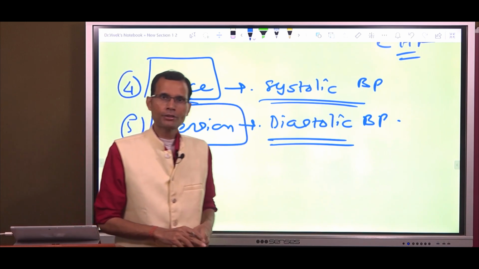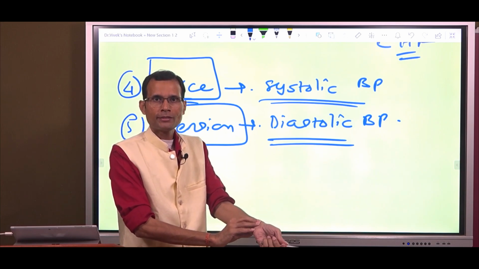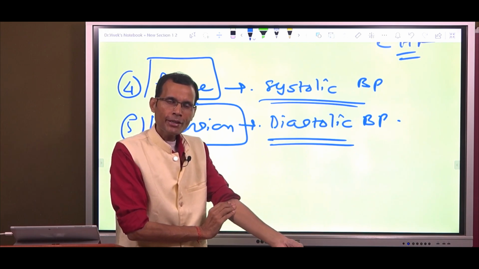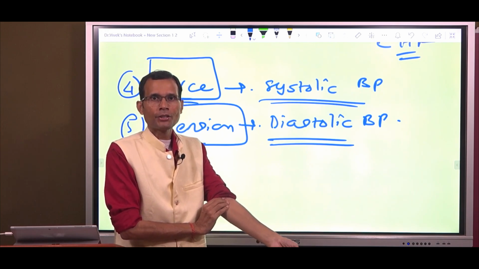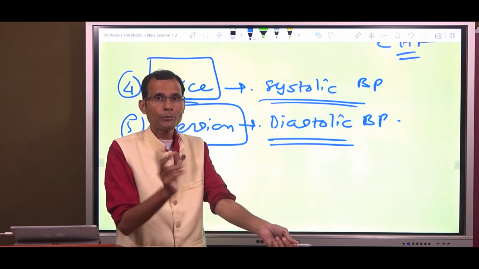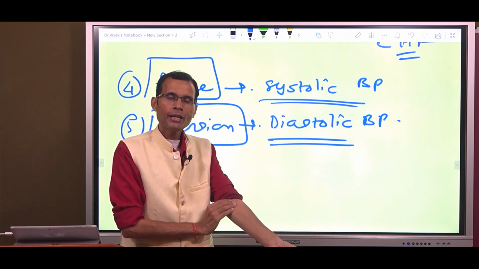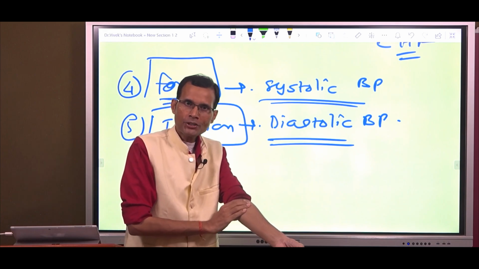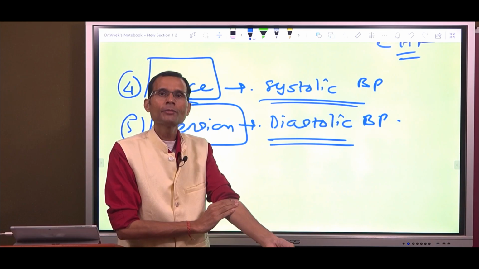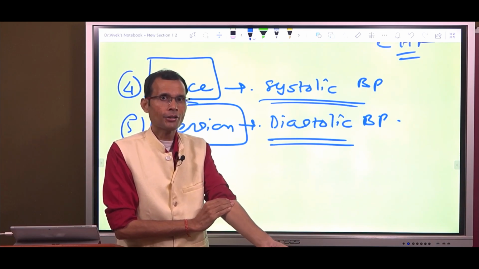And tension in the wall: when there is no pulse and you feel the vessel, let's say the brachial artery, you try to obliterate its lumen. Between the pulsations, when there is no pulse, try to obliterate the artery. How much pressure is needed to obliterate the lumen of the artery, not the pulse, but the lumen of the artery?